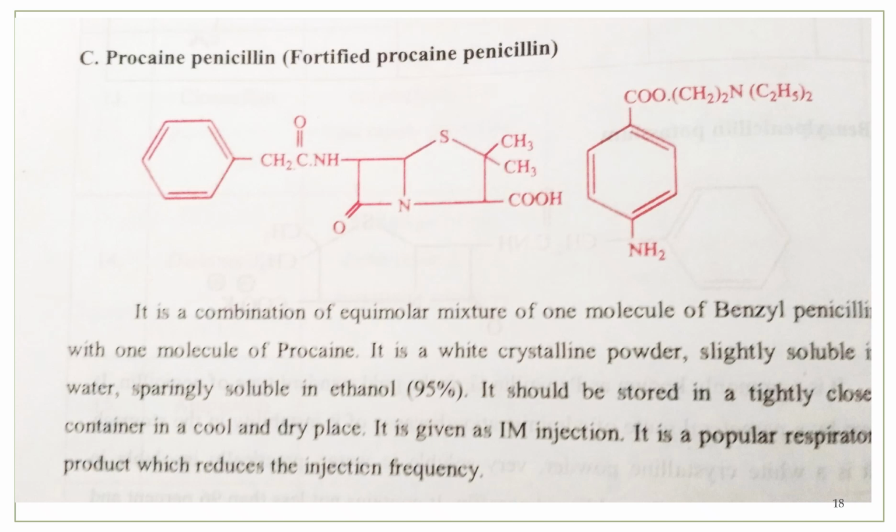And now we have procaine penicillin. It is an equimolar mixture of 1 molecule of benzyl penicillin with 1 molecule of procaine. It is a white crystalline powder, slightly soluble in water, sparingly soluble in ethanol, and it should be stored in a tightly closed container in a cool and dry place. It is given as intramuscular injection.